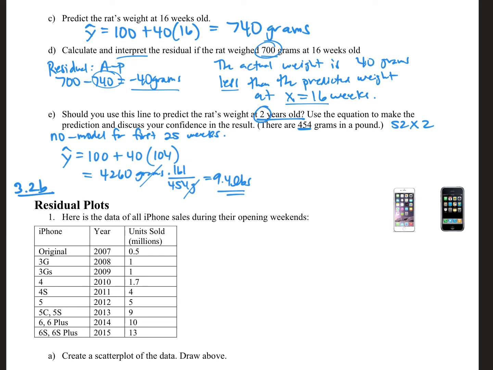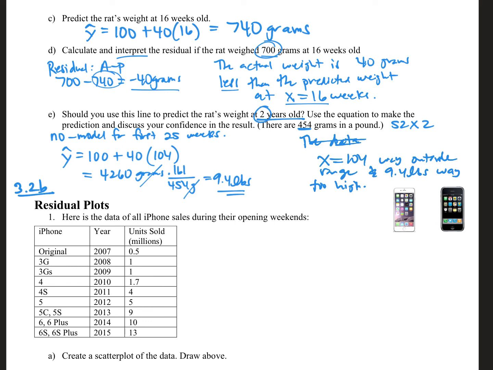And discuss your confidence in this result. Okay, so we would say that the data was for the first 25 weeks. We already said that. So x equals 104 is way outside the range, and 9.4 pounds would be way too high, because there's got to be a point where the rat levels off in its weight.